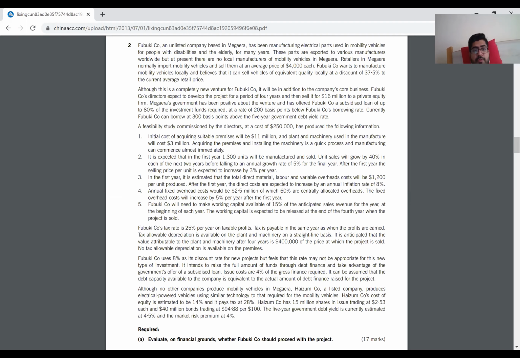These parts are exported to various manufacturers worldwide, but at present there are no local manufacturers of mobility vehicles. So Fubuki makes electrical parts for mobility vehicles and exports those parts. Retailers normally import mobility vehicles and sell them at an average price of 4,000 each. Fubuki wants to manufacture mobility vehicles locally.